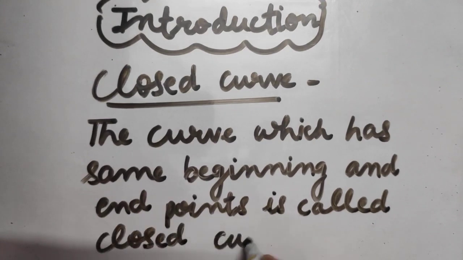Simple as this. If a curve has same beginning and end point, it is called a closed curve.